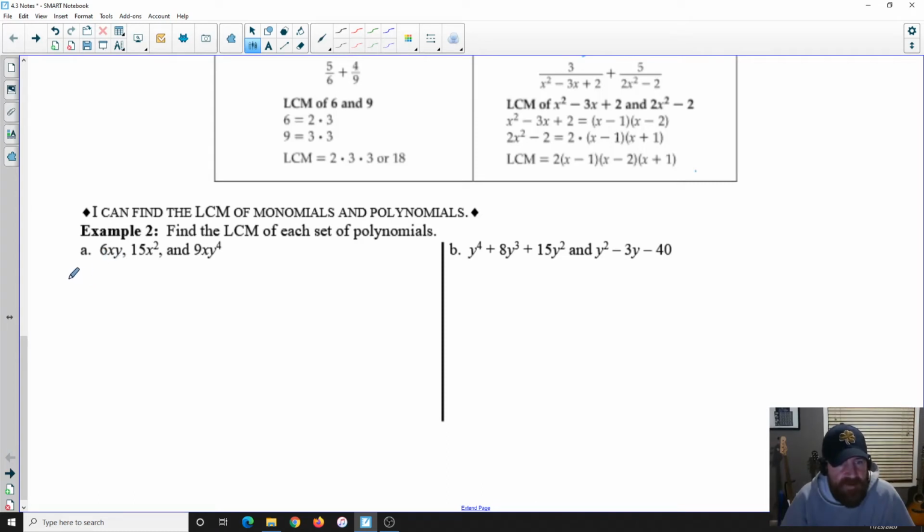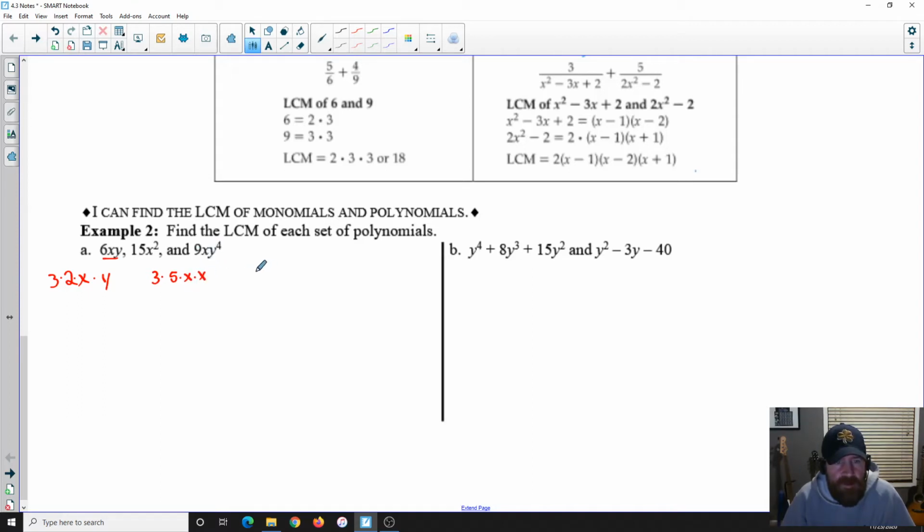So let's go ahead and factor these out. Okay. So we have 3 times 2 times y. That's this one. And then 15, we know that's 3 times 5. And then x times x.